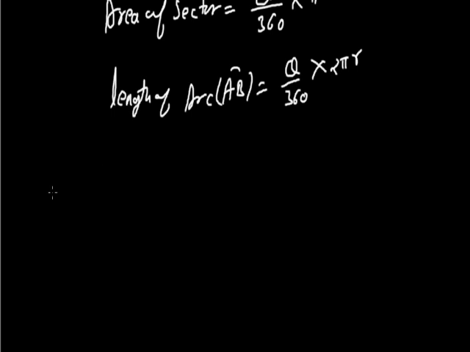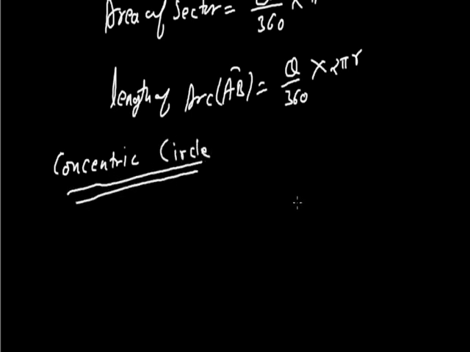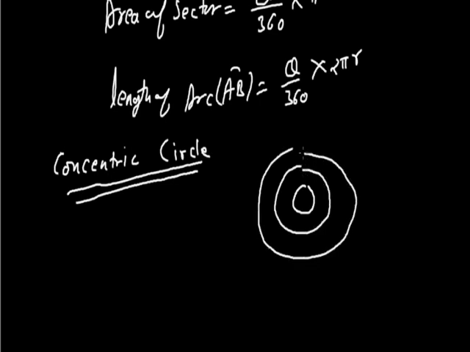Now after that we come to concentric circles. What do we mean by concentric circles? Circles which have the same center but different radii are called concentric circles. Let's see here. Here we have 3 circles. All the 3 circles have the same center but different radii.